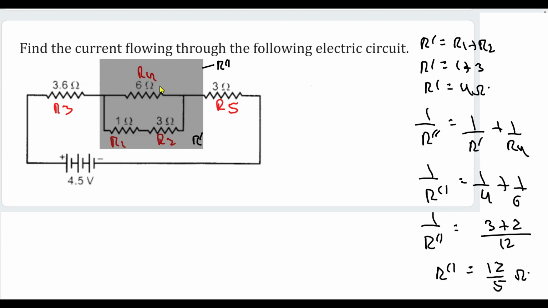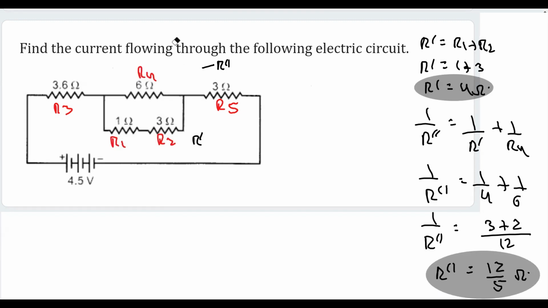Right. So in the beginning, we first found R dash, then we calculated R double dash. Now check here. We are talking about R double dash as this part, painted green. Now check for the other two resistors. The other two resistors, that is this and this, are connected in series.